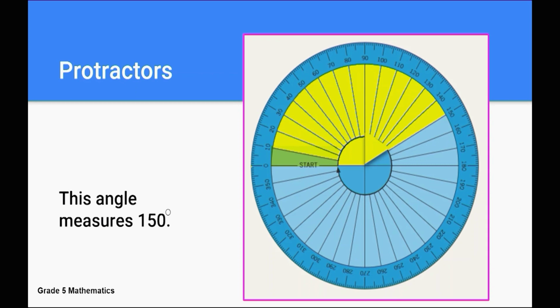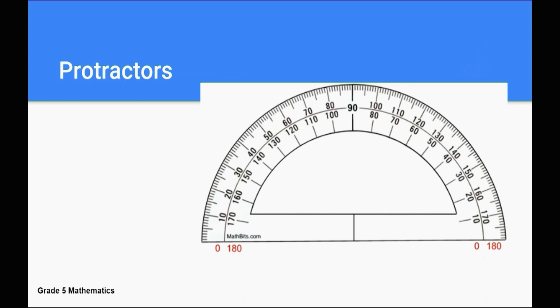We start at 0 degrees and then went around until the yellow section ended with 150 degrees. Protractors also come in sizes that measure angles up to 180 degrees.